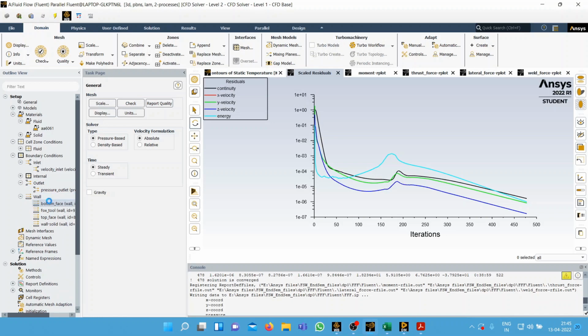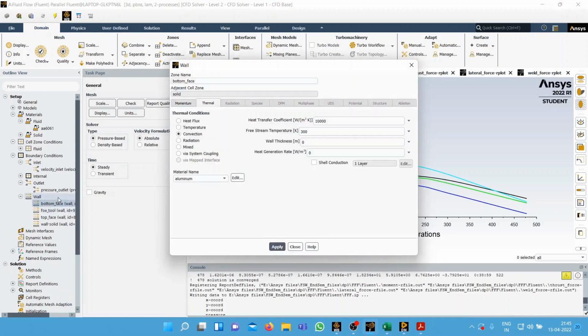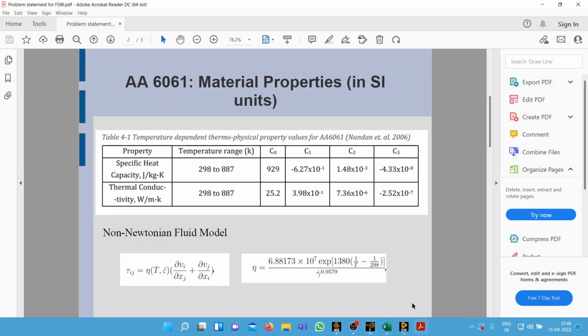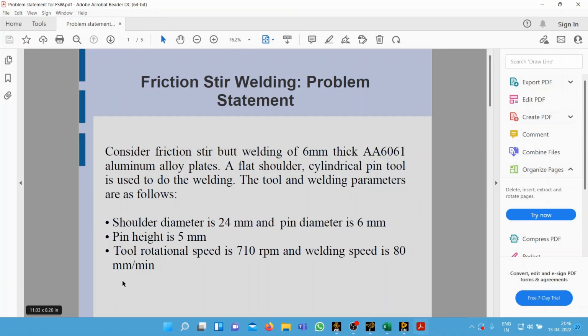And the wall, it is one of the most important setups that we have provided. The wall is considered as moving. It moves with an absolute velocity of 0.00133, which is calculated from the velocity which is given here, that is 80 mm per minute.